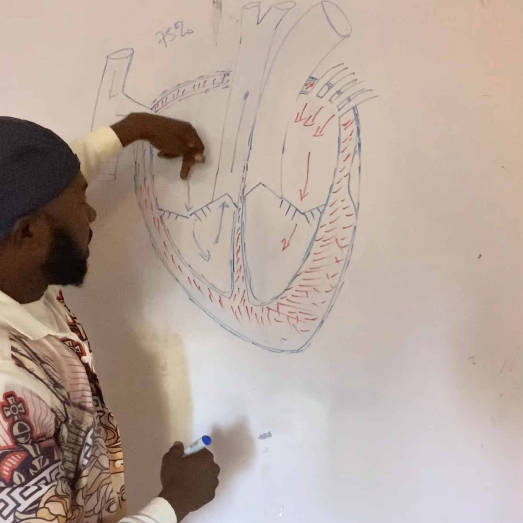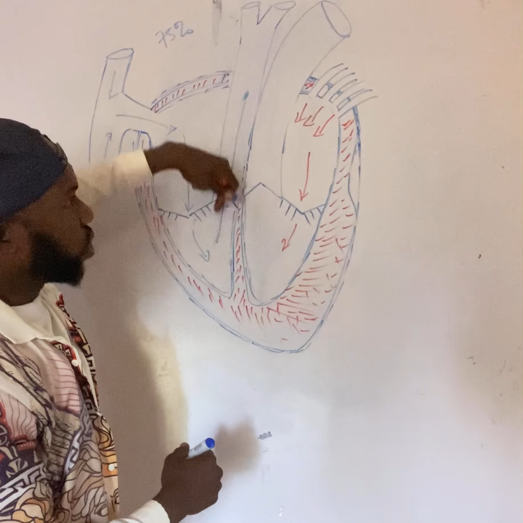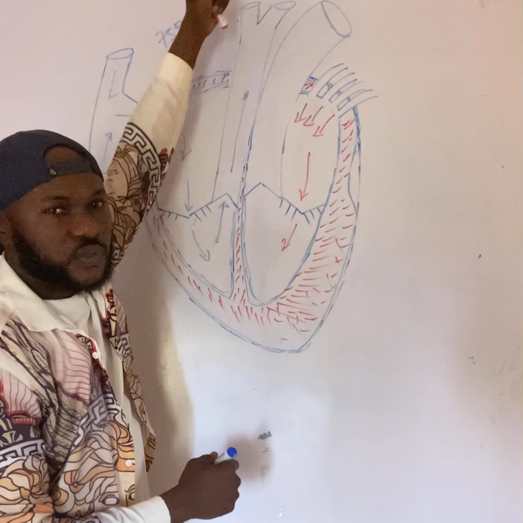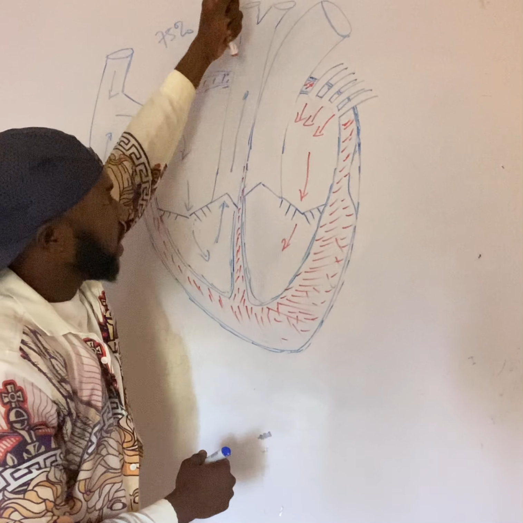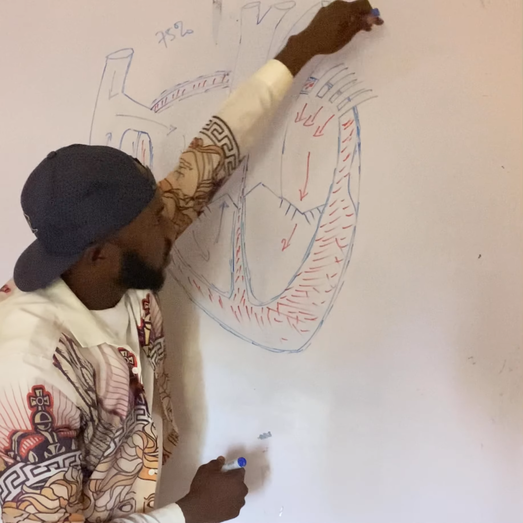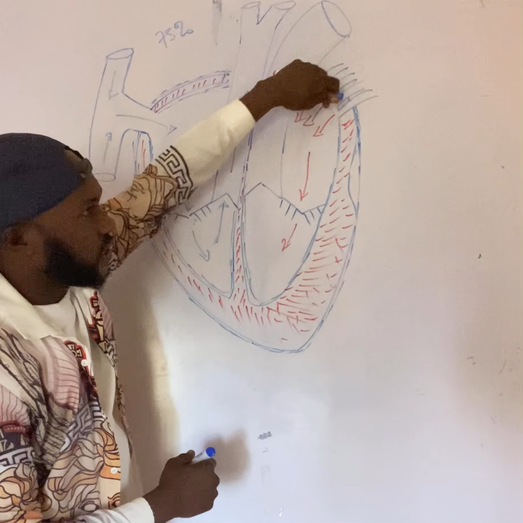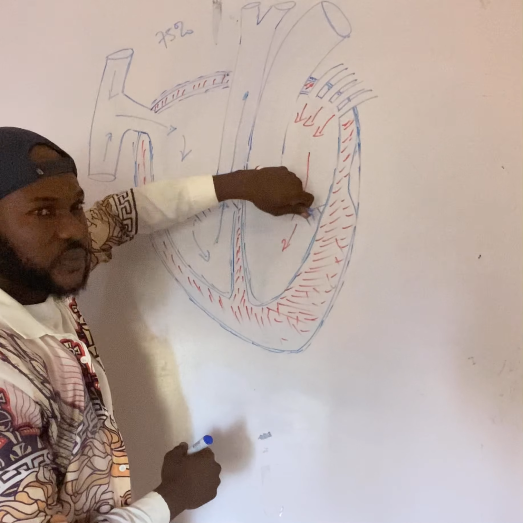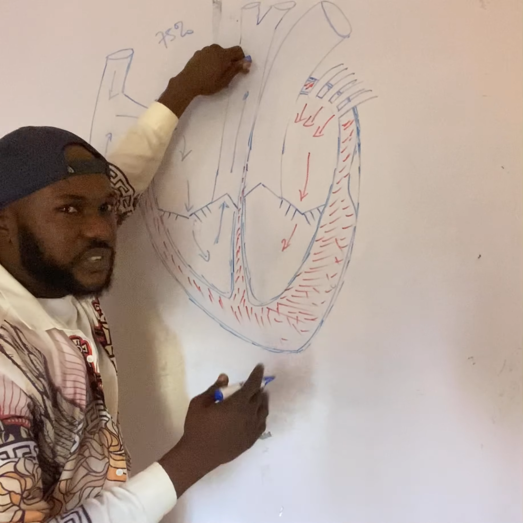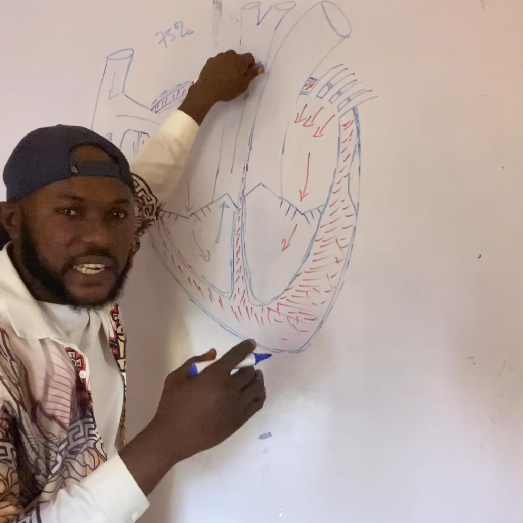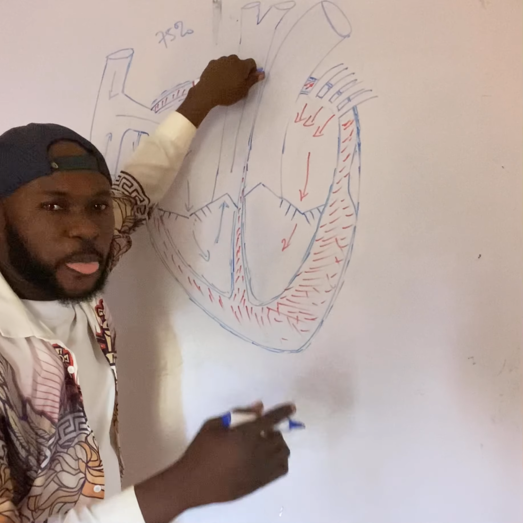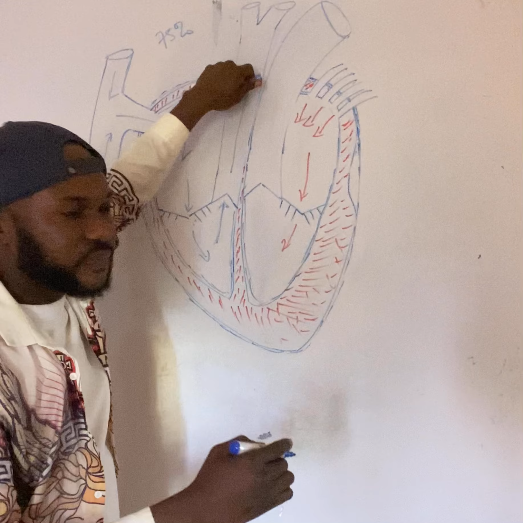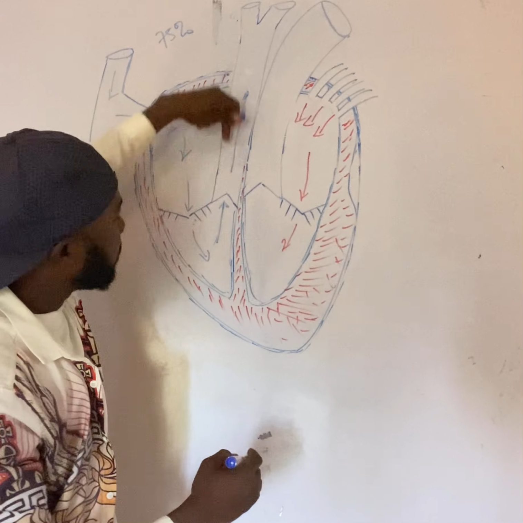Remember that this is the deoxygenated blood. So going to the lungs is to collect what? Oxygen. To get oxygen. After which they will now come back through this pulmonary vein. So this pulmonary artery is the only artery that carries deoxygenated blood.